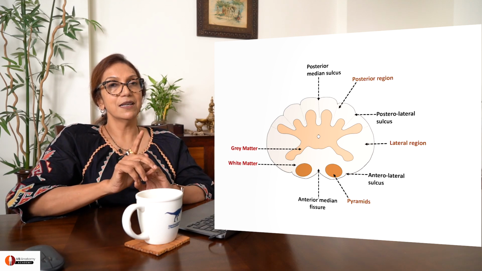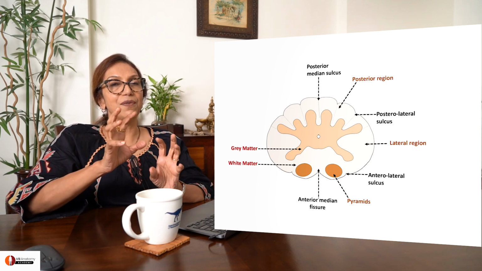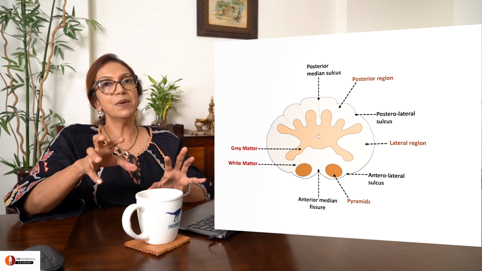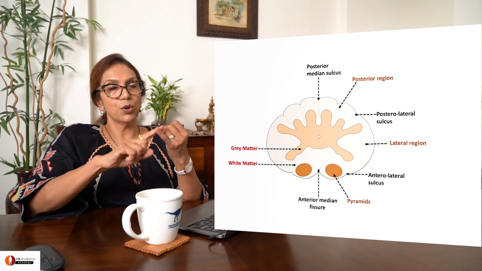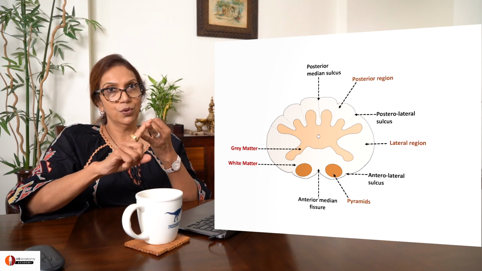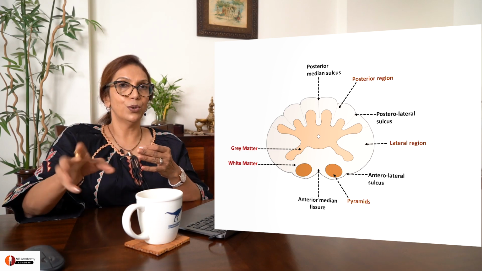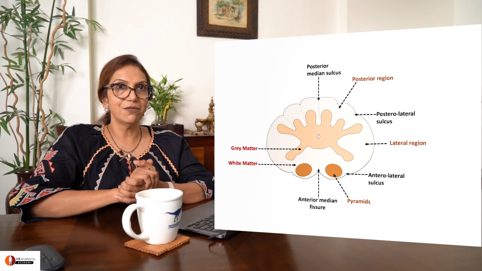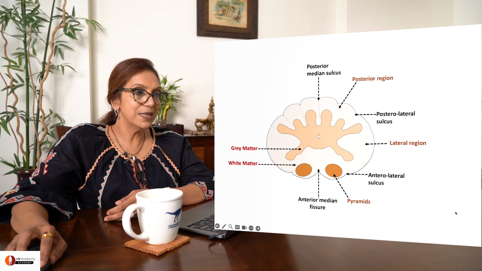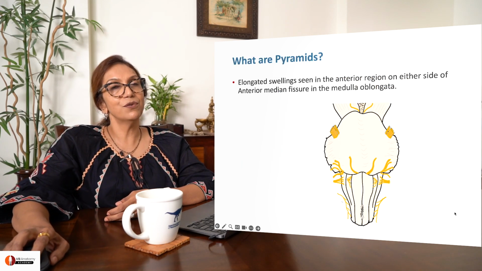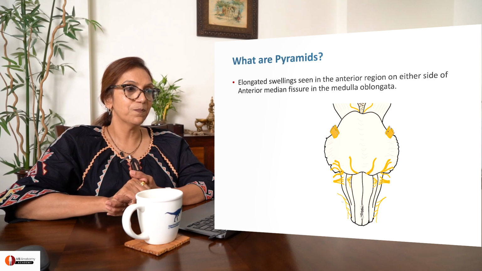Remember, I've done this earlier. Pyramids are bundles of fibers or swellings in the medulla formed by bundles of fibers. Which three bundles? Corticospinal, corticobulbar, and corticopontocerebellar or corticopontine fibers. So draw your pyramids, color your pyramids, and ready yourself for a discussion on the pyramids.